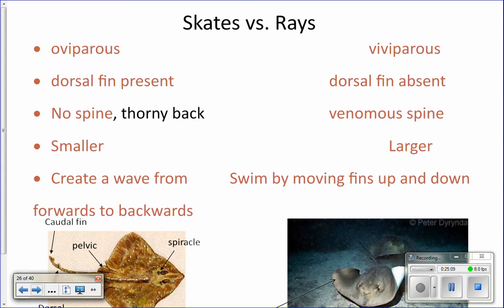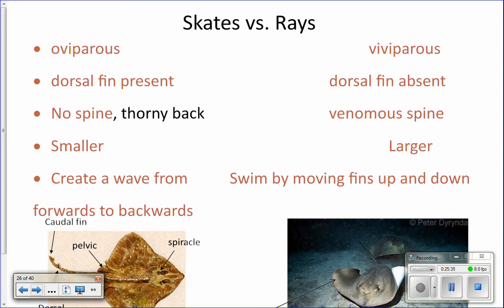So cute. Skates are also going to have a dorsal fin. On their tails they'll have a dorsal fin, whereas rays will not have a dorsal fin at all. Rays are going to have a venomous spine, where skates will not. Skates will have a thorny back that they will use for protection, whereas rays will actually have a stinging spine.